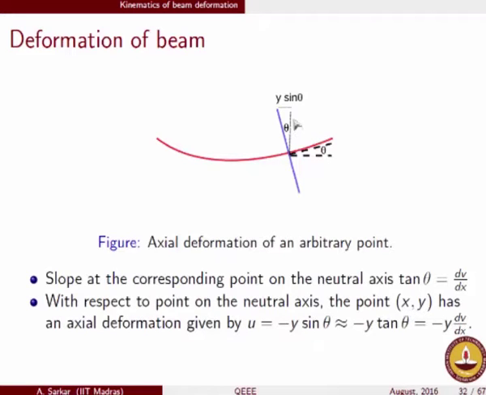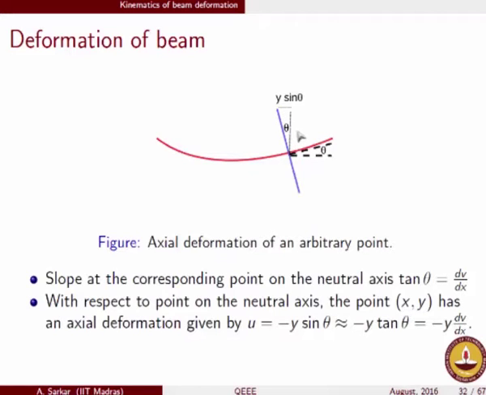Now if you look at what has happened to the extreme top fiber, shown in this black dotted line, the extreme top point was lying somewhere here. Because the top fiber is going up and getting tilted by an angle theta, it is tilted so as to ensure that the red line and the blue line remain perpendicular.